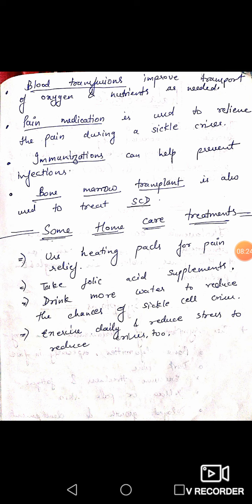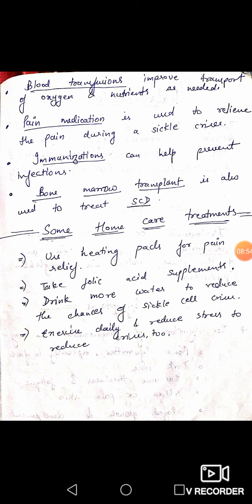Next, pain medications. As I have told you before, our blood cells stick to the blood vessel and cannot pass to other tissues and organs, so they are deprived of oxygen and cannot work properly, which causes pain and swelling.